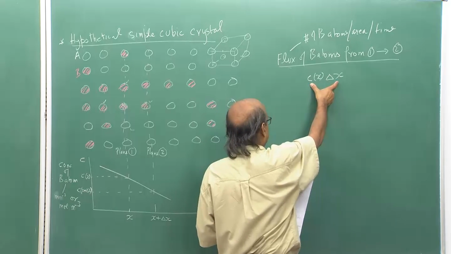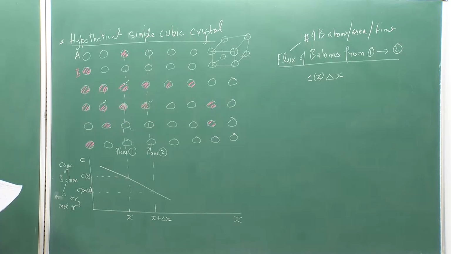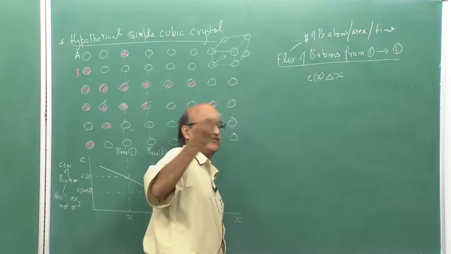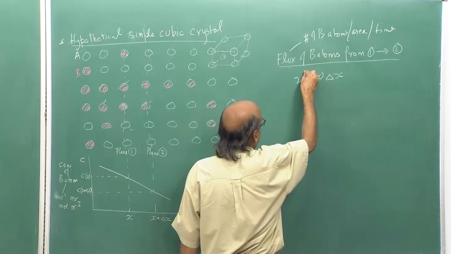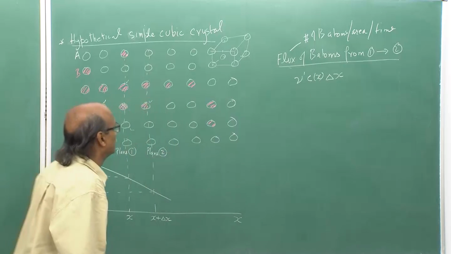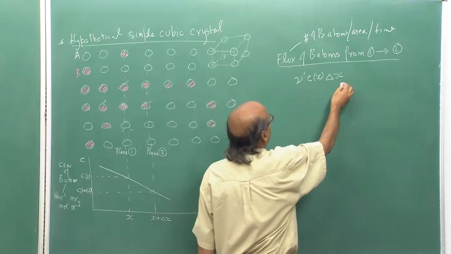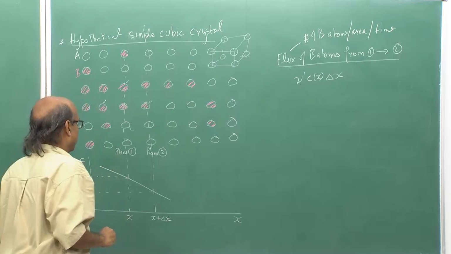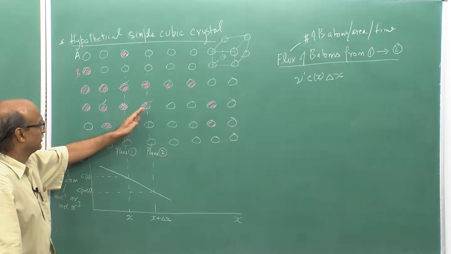So many atoms can jump from 1 to 2, but of course not all of them are going to jump. So there is a certain jump frequency, the rate at which B atoms are jumping. Let me call that frequency nu prime. This is exactly the same jump frequency that I had used in the random walk problem of the last lecture. So this is the total number of jumps per unit time per unit area of B atoms in plane 1. However, not all jumps will take a B atom from plane 1 to plane 2.